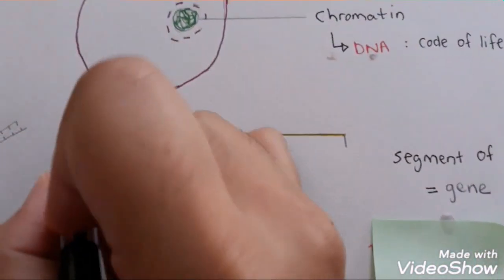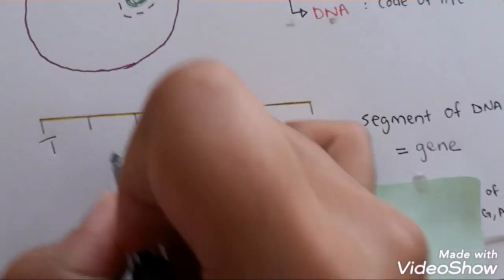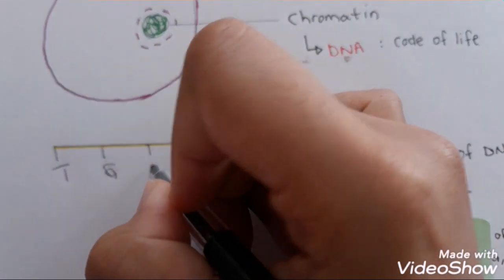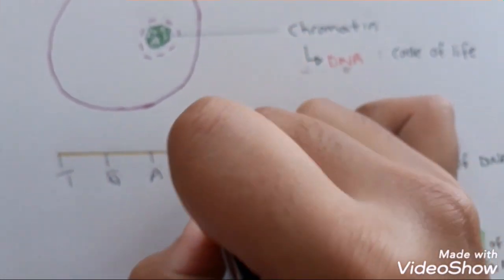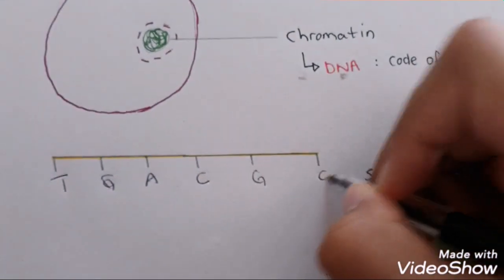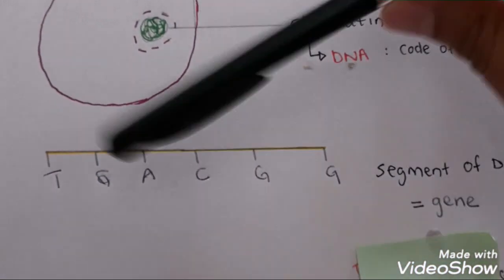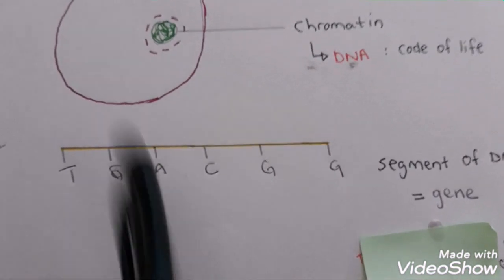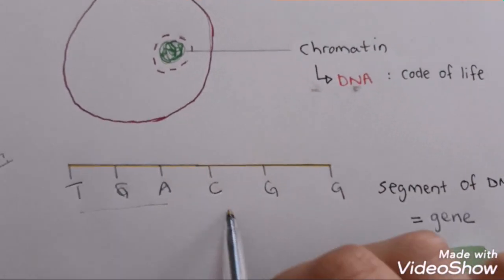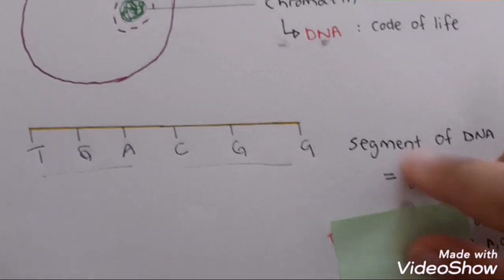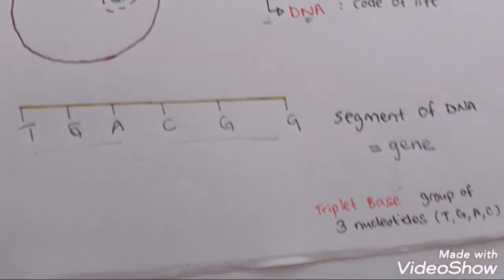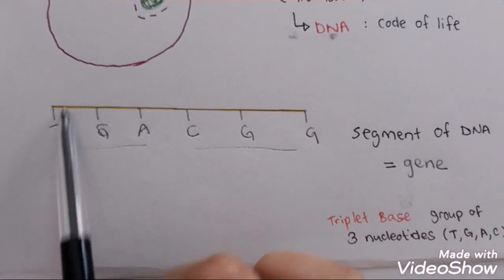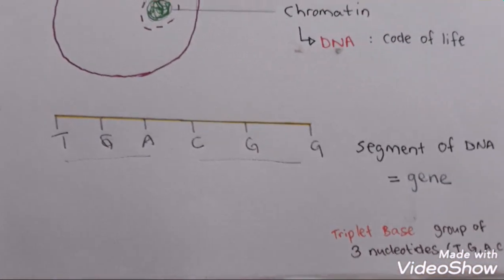Now we know the DNA has thymine, guanine, adenine, and cytosine. Now what makes a gene is that it has two or more triplet bases. A triplet base is a group of 3 nucleotides. So there's one and there's one.